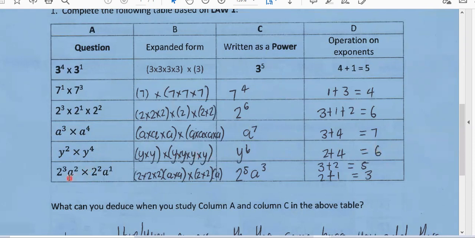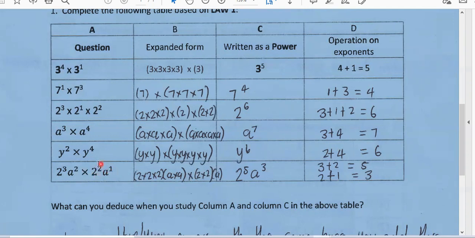Now for the last part, 2 to the power of 3 times a to the power of 2 and so on. 2 to the power of 3, you must multiply the 2 by itself 3 times. So that's why we have 2 times 2 times 2. And a to the power of 2 means I must multiply a by itself 2 times. So it's a times a.